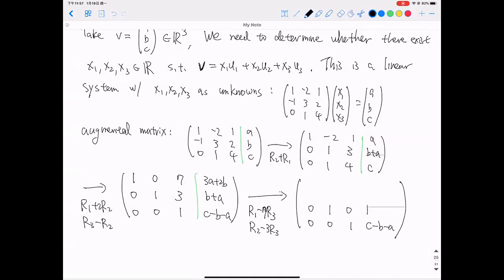Let's do this carefully: b plus a minus 3 copies of c minus b minus a. And finally, R1 minus 7R3: 1, 0, 0, 3a plus 2b minus 7 copies of c minus b minus a.